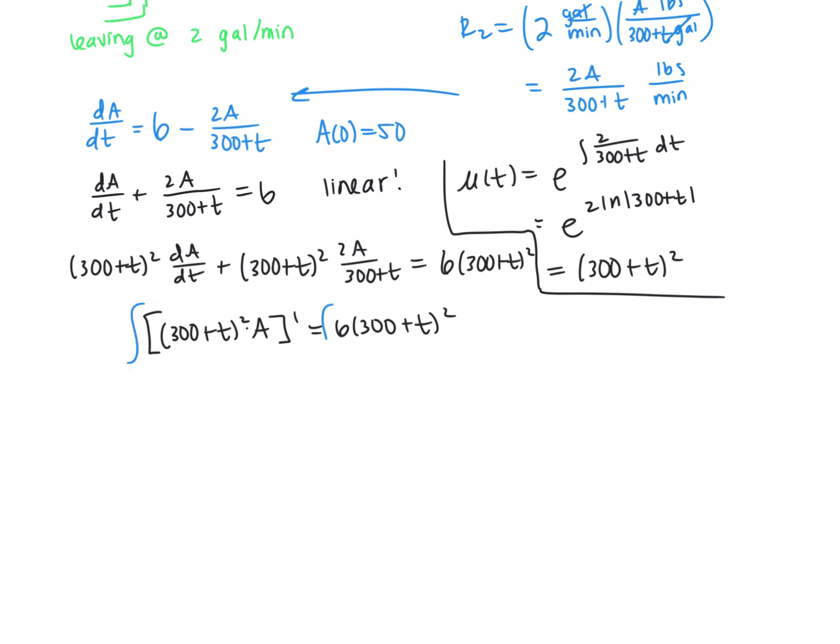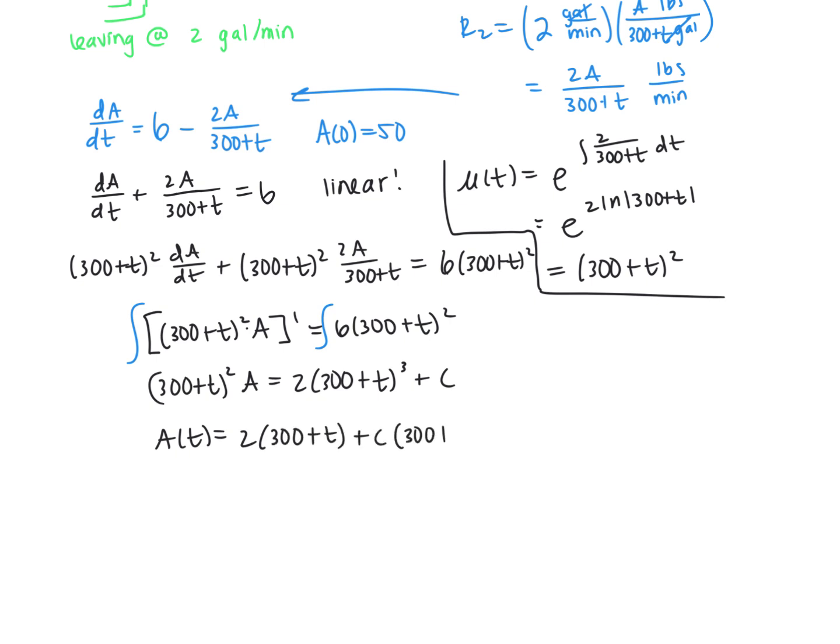So we're going to integrate. We get (300 plus t) squared multiplied by A equals 2 times (300 plus t) cubed plus C. So our A of t is 2 multiplied by (300 plus t) plus C times (300 plus t) to the negative second. This will give us the amount of salt in the tank at time t.